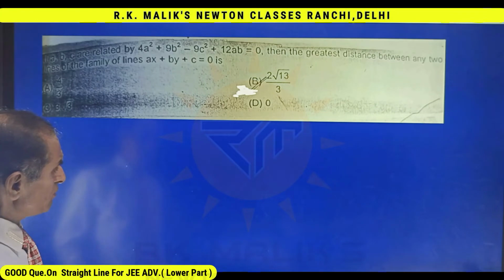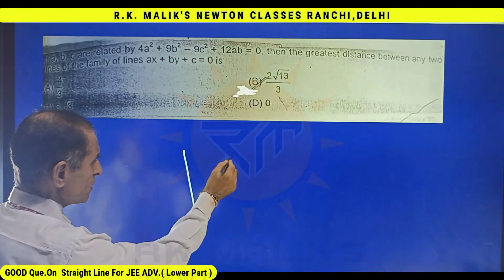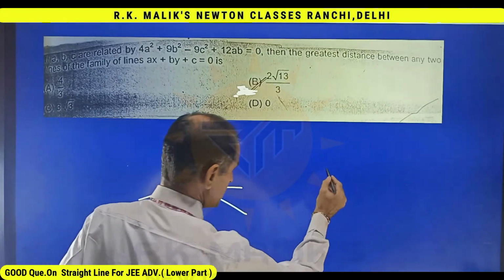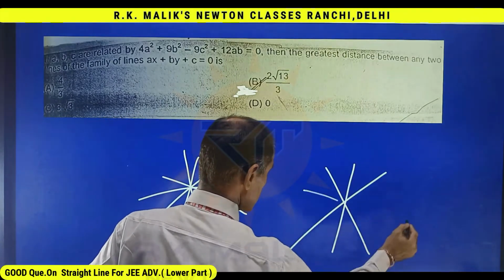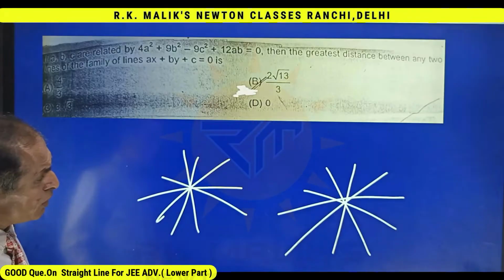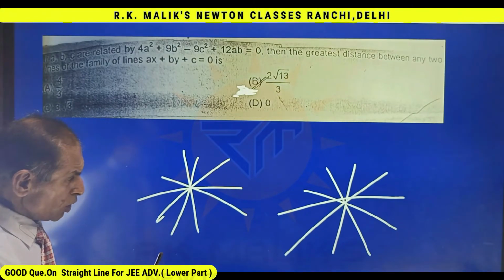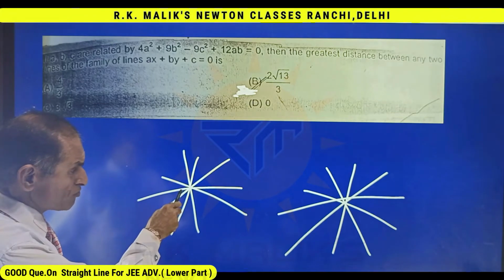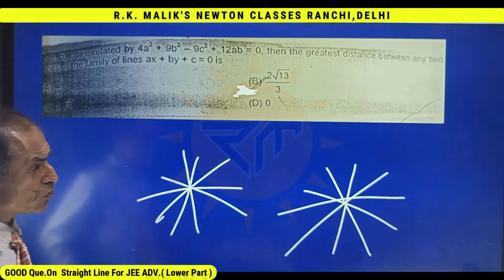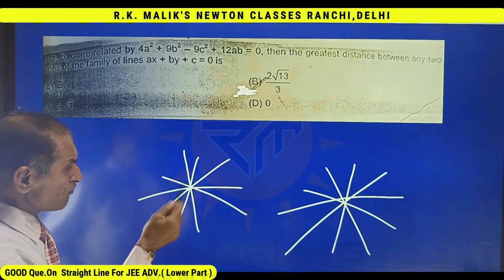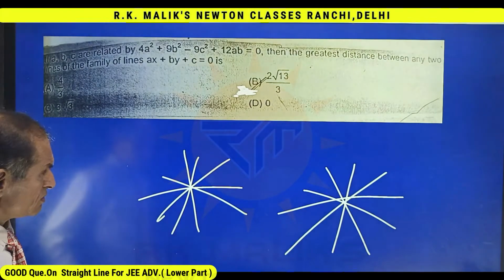One family will be of this type and the second family will be of this type, and you have to find the maximum distance between two lines, out of which one line belongs to this family, the other line belongs to this family. First, let me find both the families of concurrent lines.